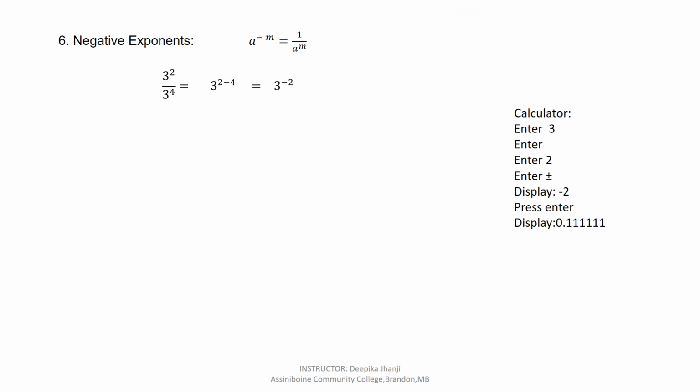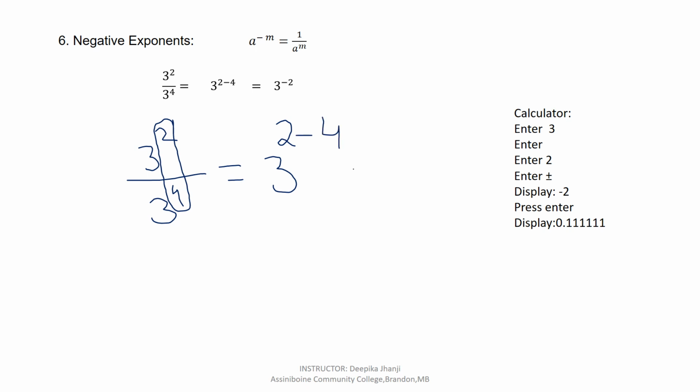Here we have considered one example, 3 square upon 3 raised to power 4, right? Now the law says if you have the same bases, exponents should be subtracted. So this becomes 3 and then 2 minus 4, which is negative 2, right? If you come across negative exponents, one method is you can use calculator, right? I'll show you the steps with calculator later.